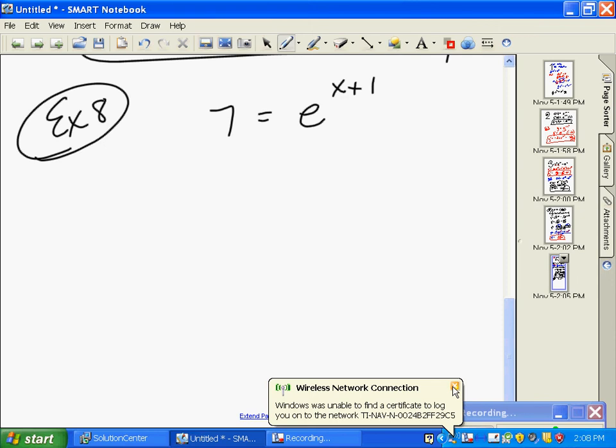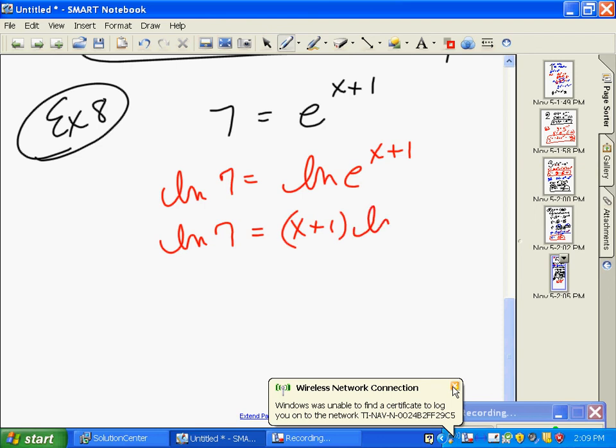How about taking the natural log of both sides? That seems to be what everybody remembered the most, is just to take the natural log of both sides. So I'd get the natural log of 7, and you bring the x plus 1 down in front, times the natural log of e. And we all remember that the natural log of e right there is 1. So I get the natural log of 7 equal to x plus 1.